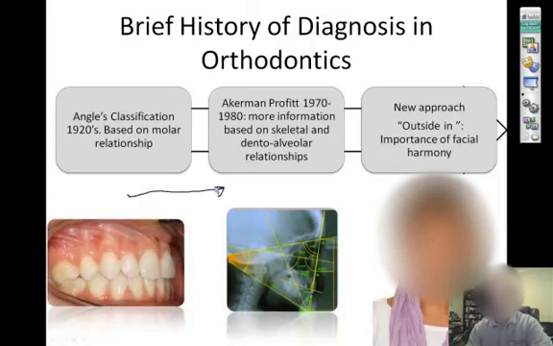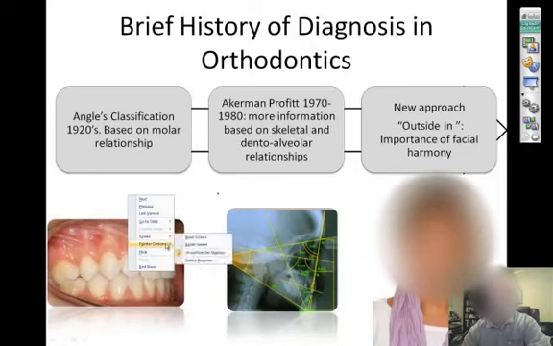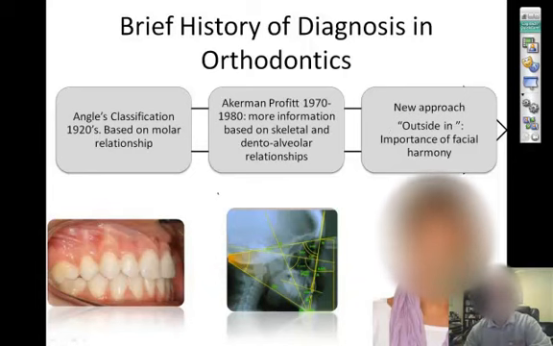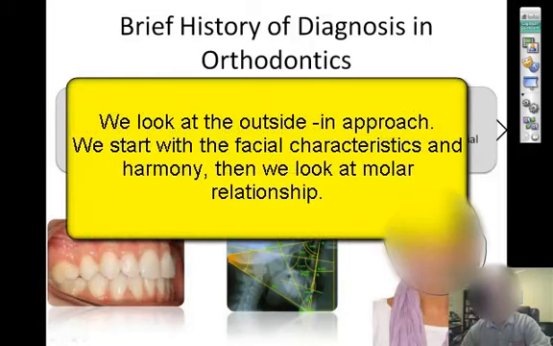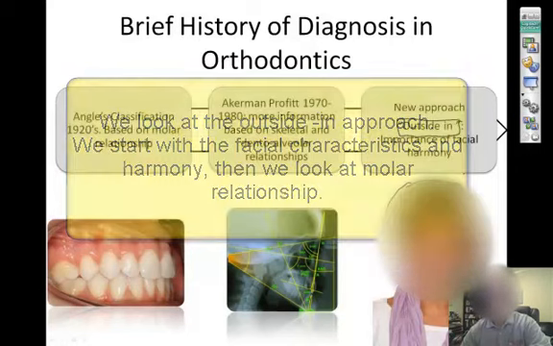So we went from Angle to cephalometrics, and then we're going this way. But what you have to remember is that what the patient sees is actually his or her face. They don't have much interest in cephalometrics. They don't have much interest in molar occlusion. So what we treat nowadays in North America and Europe most probably is an outside-in approach, which we're going to spend the whole lecture on today.